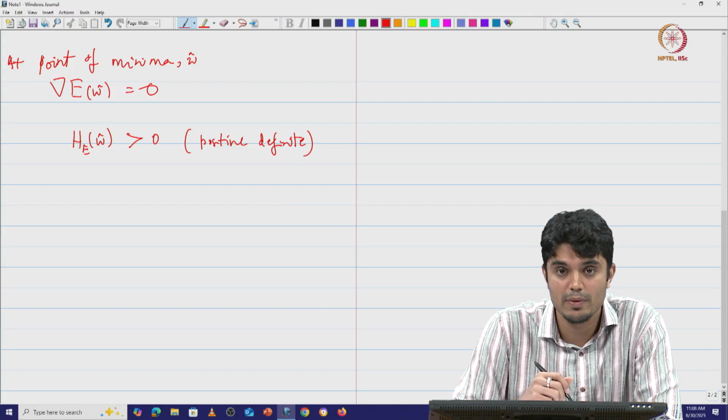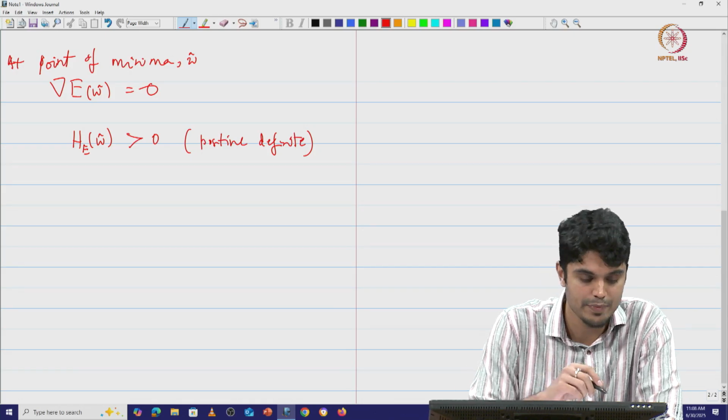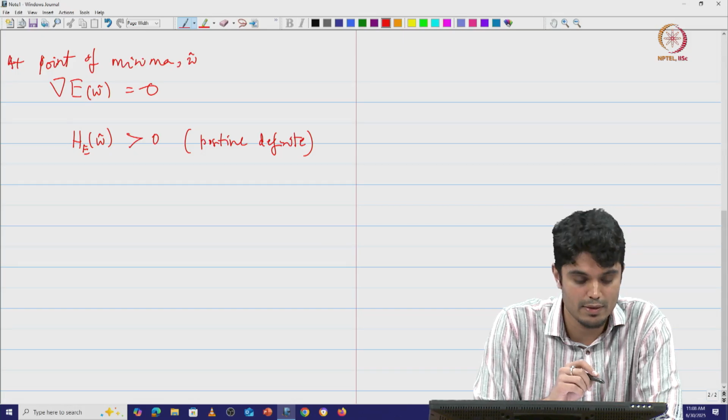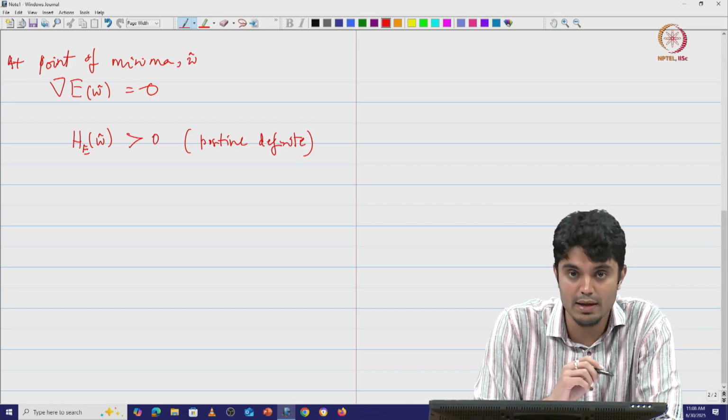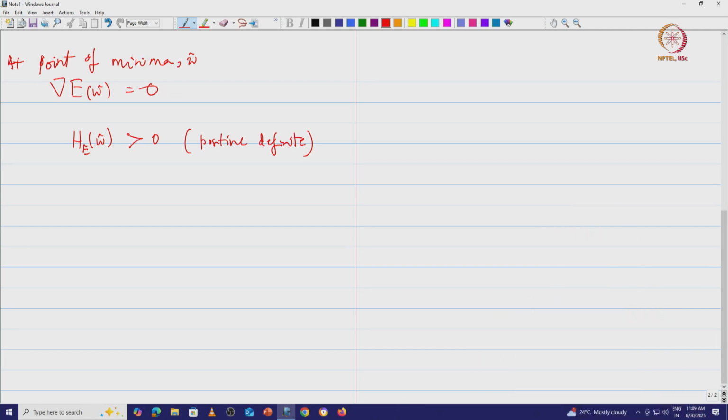So this is what we know theoretically, but what happens in practice is that the function E might be a very difficult implicit function. To directly determine the value for omega hat, the problem would be to express nabla E of omega hat, which is the gradient at omega hat.